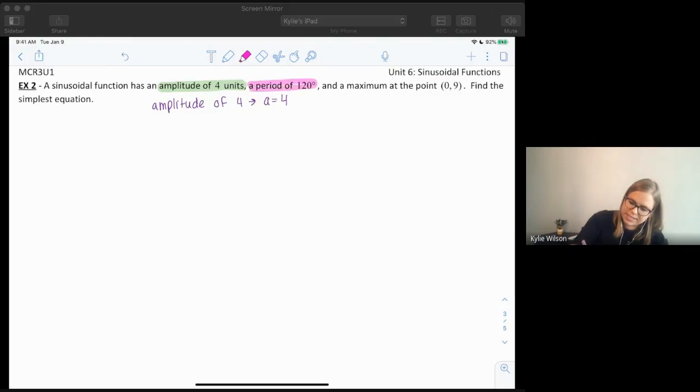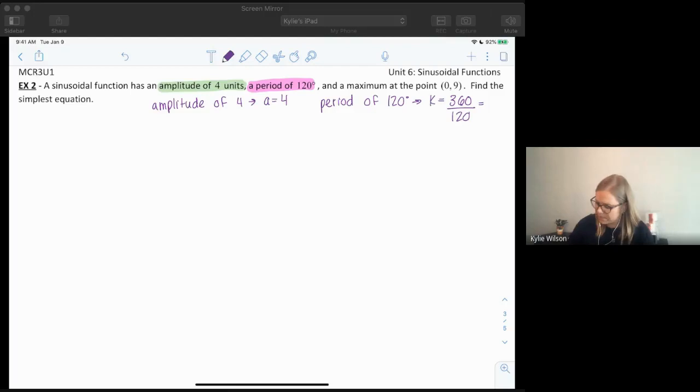So let's see what K value that gives us. We have a period of 120 degrees, so K is equal to 360 divided by the period, which will give me 3, like that.